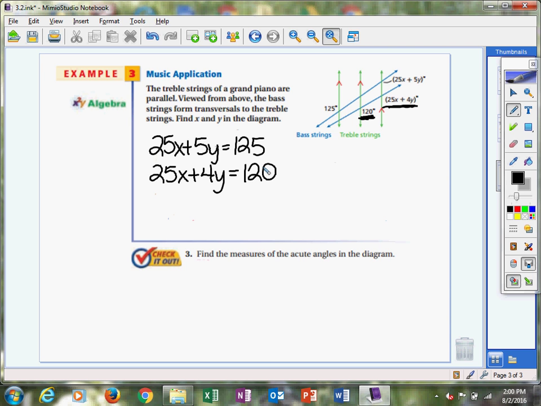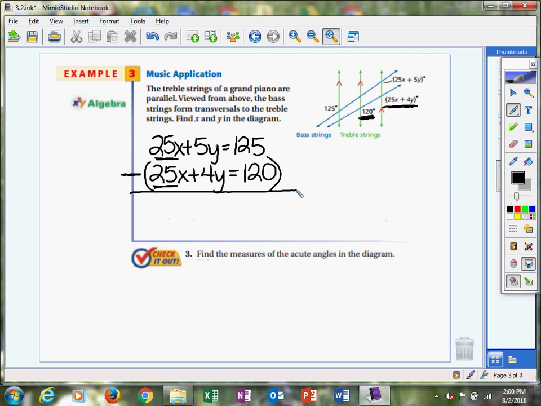This is a system of equations, and we can either do addition or subtraction depending on the situation if you want to manipulate anything. You do have the same number in front of your x. Because you have the same number, you can subtract all three columns.